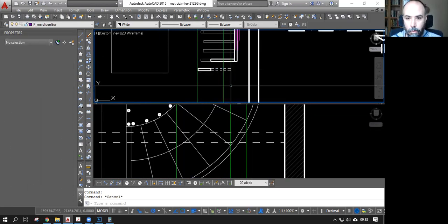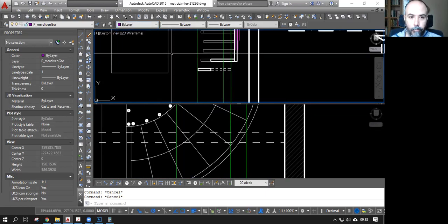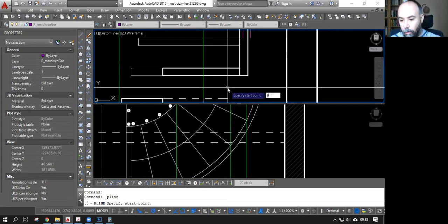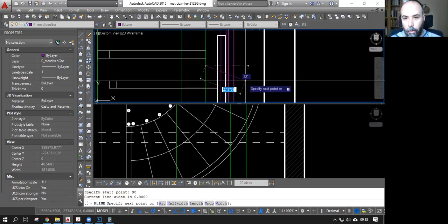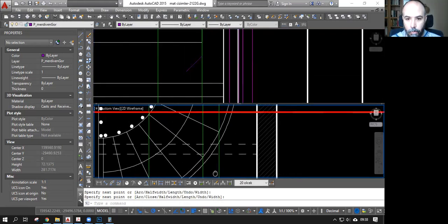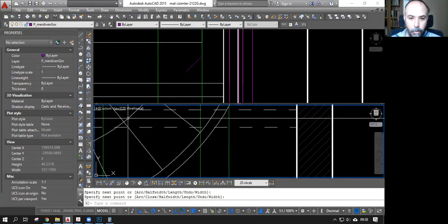So next to this, we will have the height again, height of the handrail. So let me do this time towards this direction. And yeah, that's the fifth step.